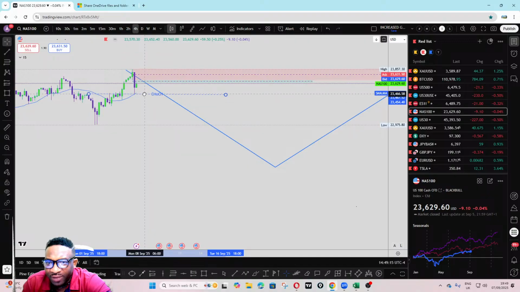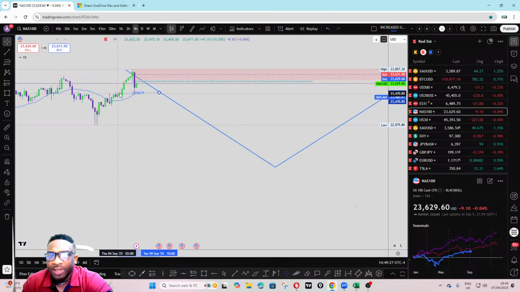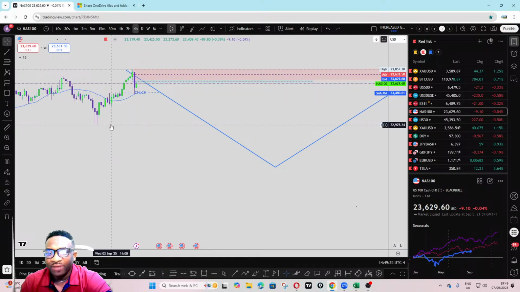So we could have a change of character right here as we break below this low point right there. As we break below here, we expect price to come back, or we could further have a push down, then price coming back to this area.